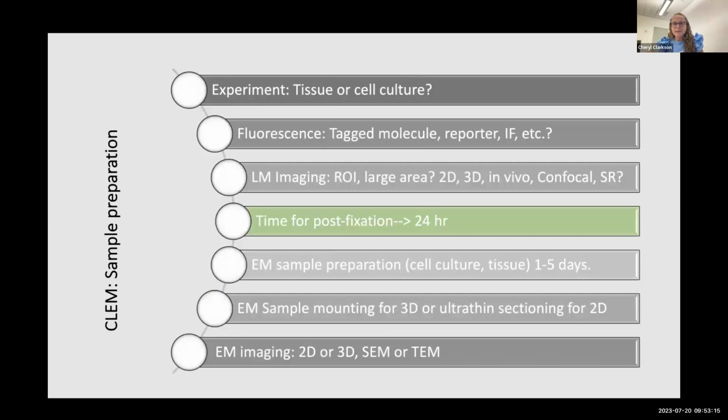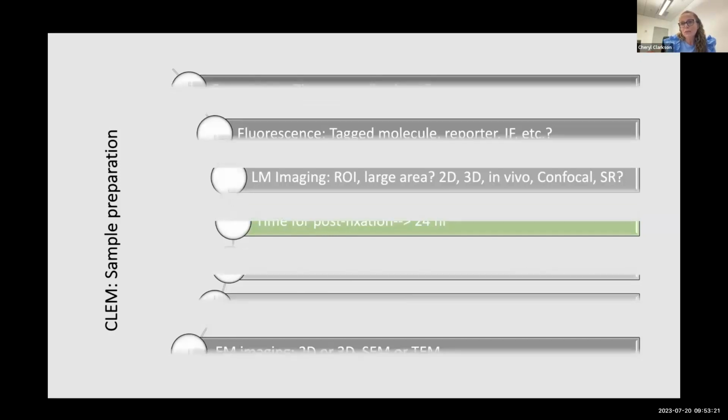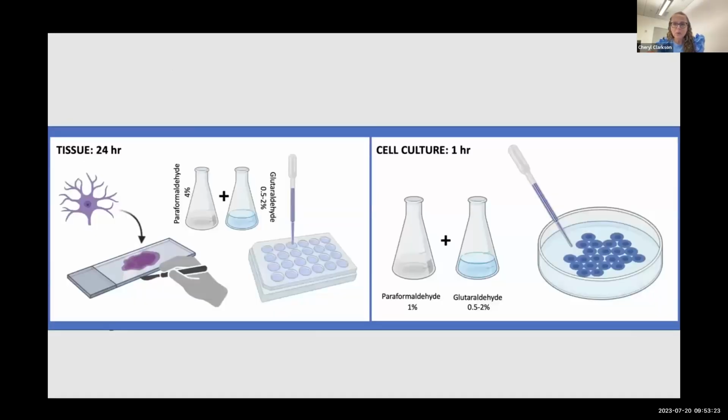After I run my light microscopy, I need to pass to the EM sample prep. We have to post-fixate our tissue or our cell cultures. This is the moment before which we cannot use glutaraldehyde, because the majority of the antibodies won't enter and you have a lot of autofluorescence with the glutaraldehyde.